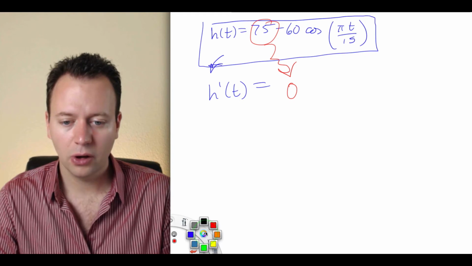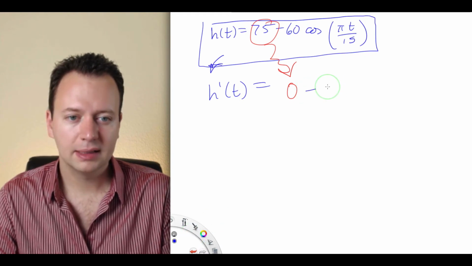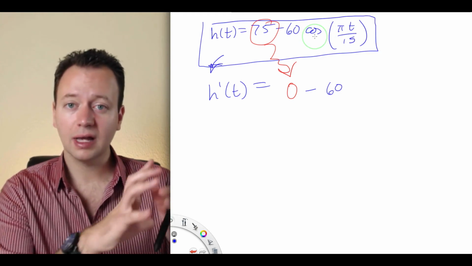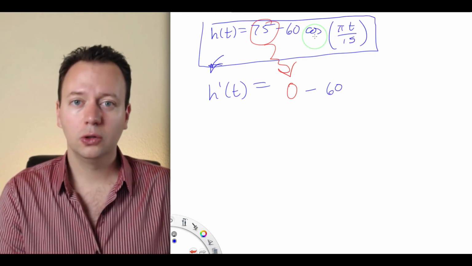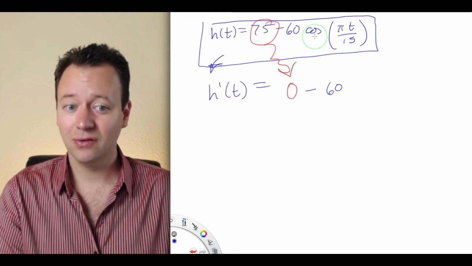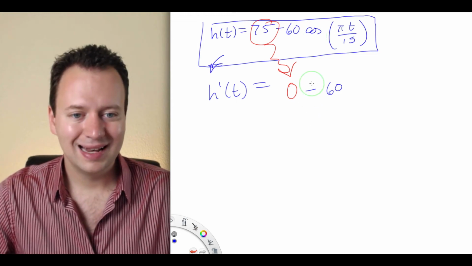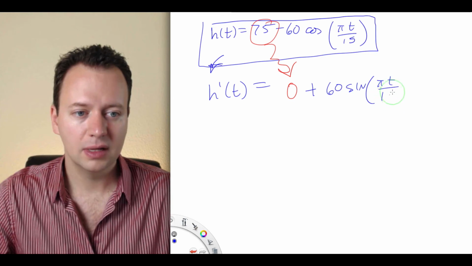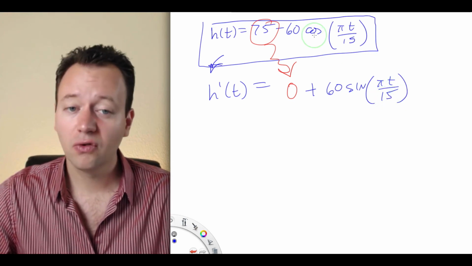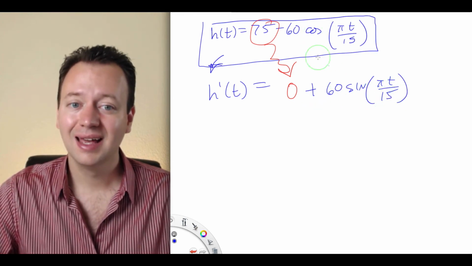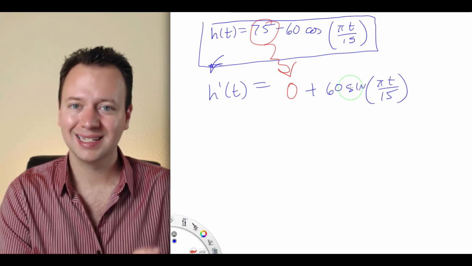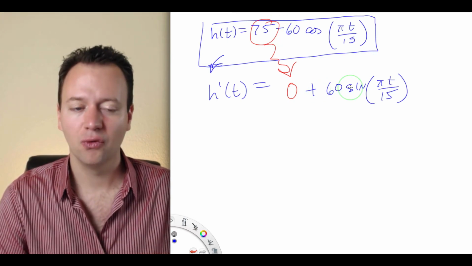So then we get 0 minus 60. Now we have one of these composite functions, so it's cosine of something. When we take the derivative of cosine, we get negative sine. So it's going to be negative sine of something, and we just keep this stuff inside. The derivative of cosine is negative sine, and the negative cancels out the other negative, so we get plus 60 sine pi t over 15.